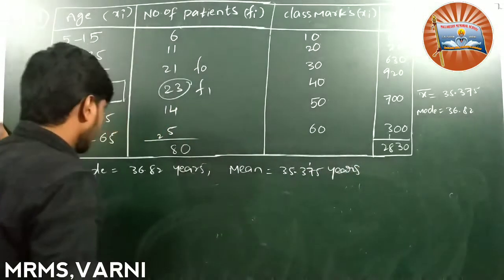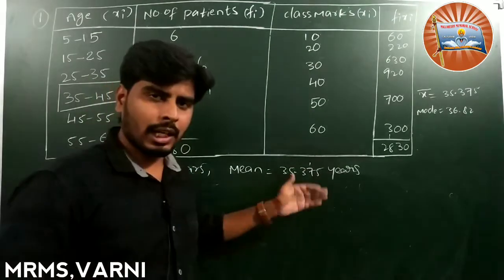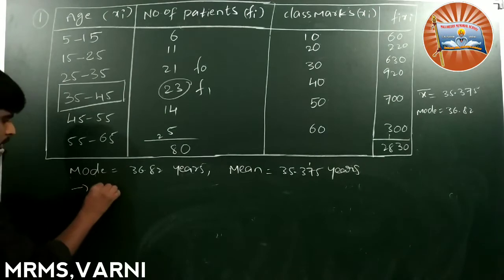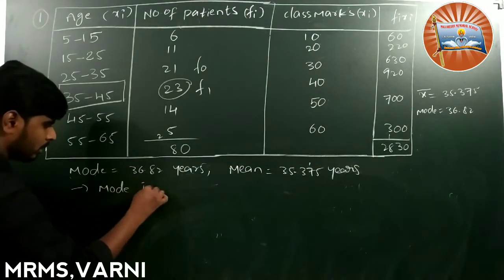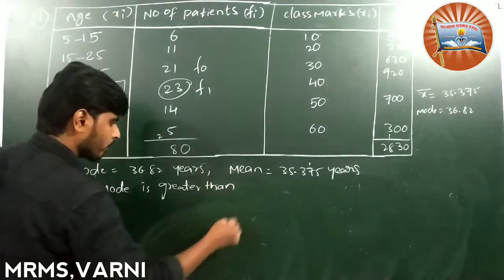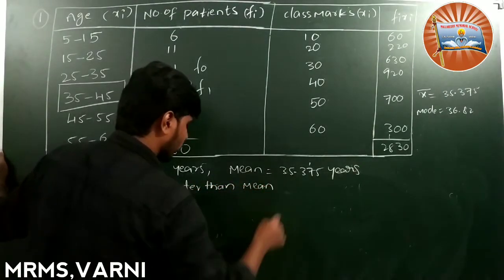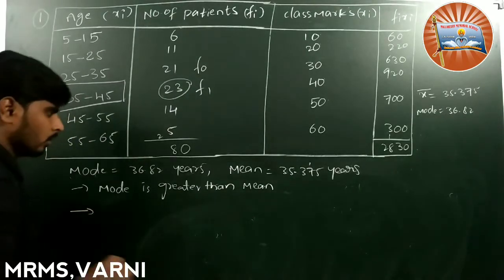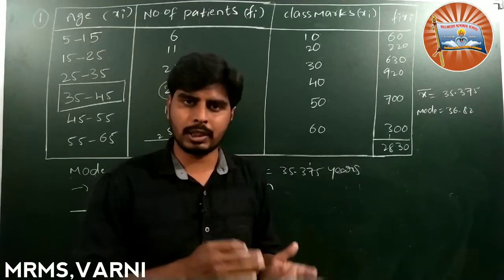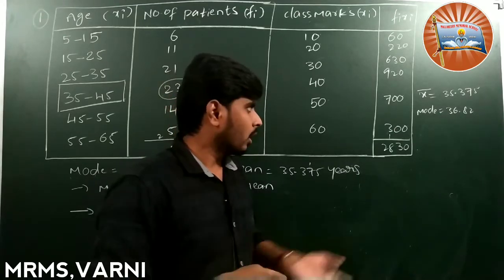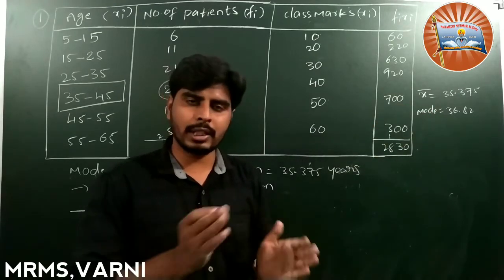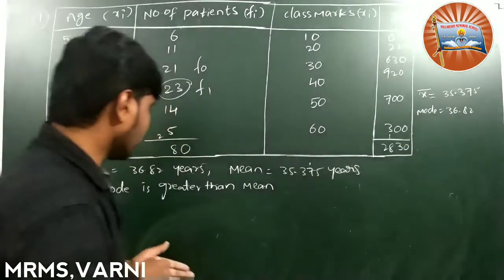So here the mode is greater than the mean. Okay. So the modal age, it means mode is greater than mean, and what can we write here? So the maximum of the patients admitted in the hospital during such a year are of age 36.82 years.